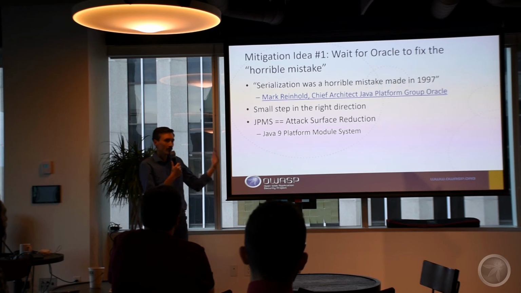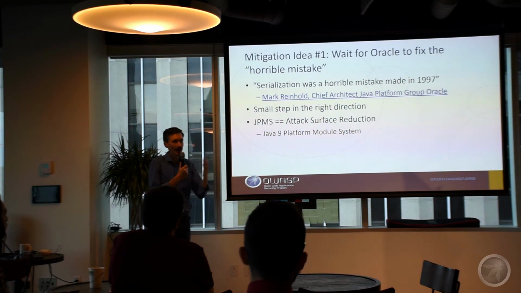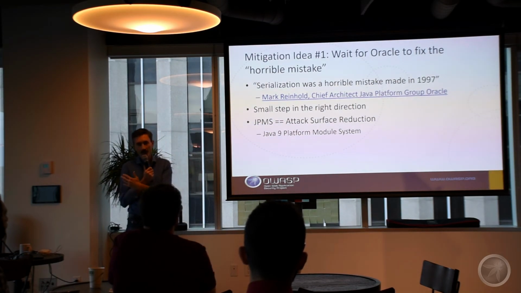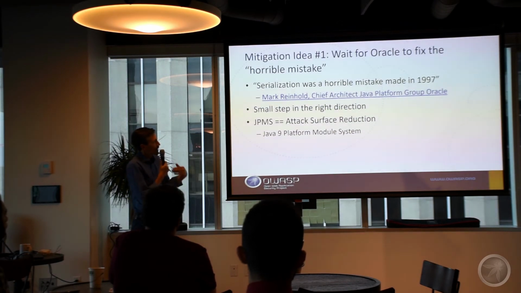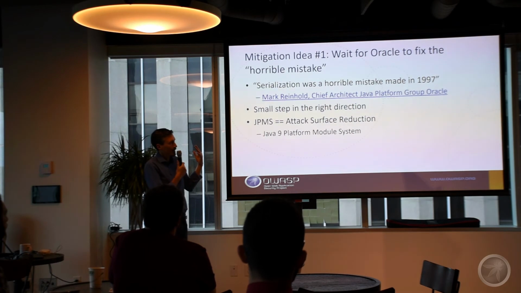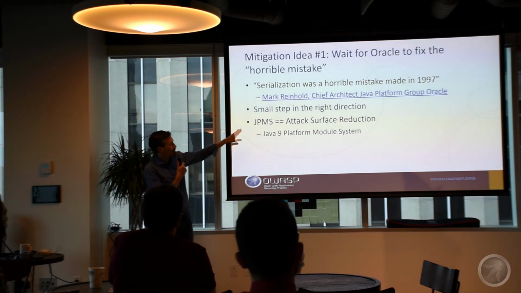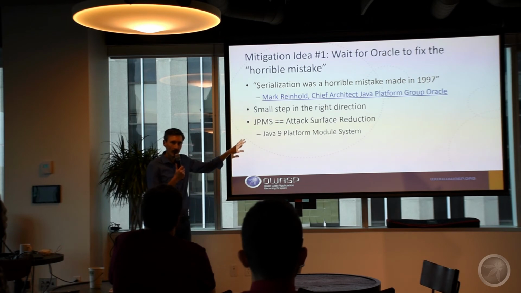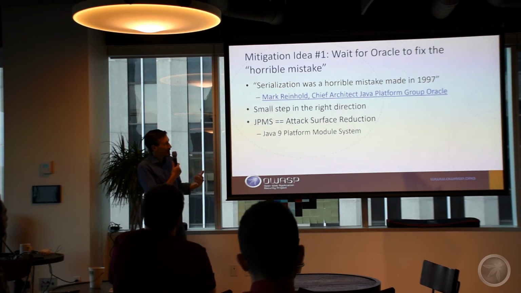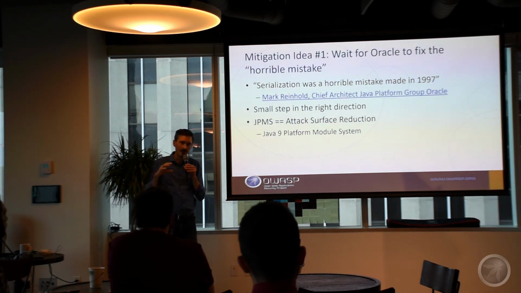Obviously, this is the long-term plan. After that, I'm going to talk about what Oracle already has as a short-term plan for mitigation. This is linked to another feature I really like of Java 9, called JPMS. I don't know if you've heard of that. As a security engineer, we always talk about attack surface reduction, right?